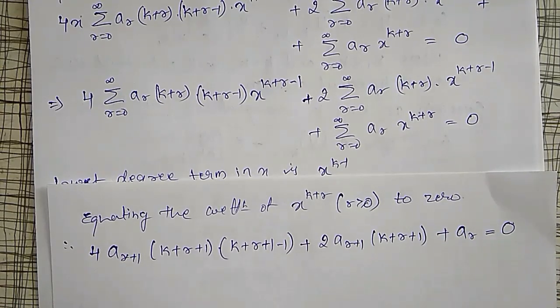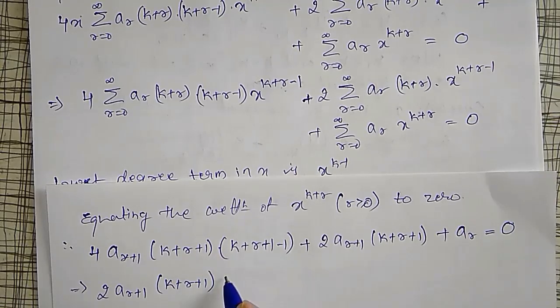Okay, then from the first two terms, what I can take common is 2 times a(r+1) into (k plus r plus 1). Then I am going to remain with 2 a(r+1).